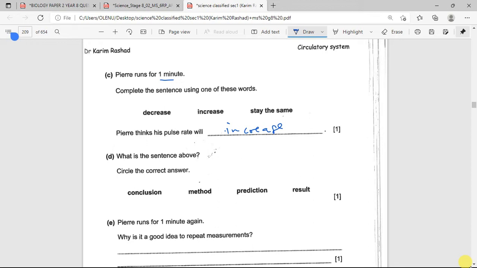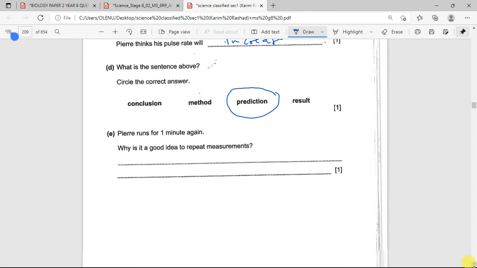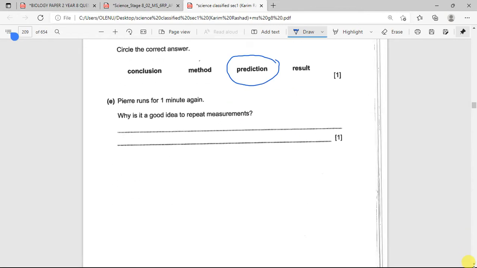Now, this is a prediction, until after he's done, before it can become a result or a conclusion. Now, Perry runs for 1 minute again. Why is it a good idea to repeat measurements? It is to make the results reliable. That is why we repeat measurements, to make results reliable.